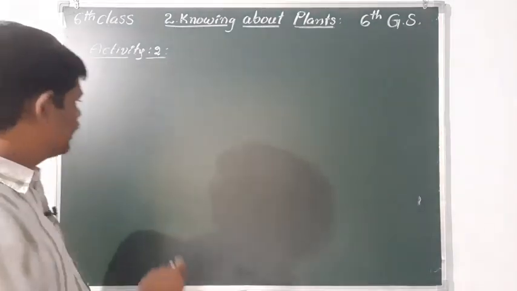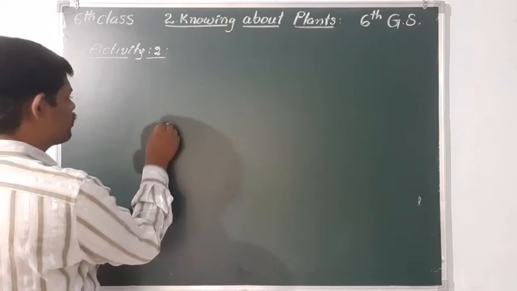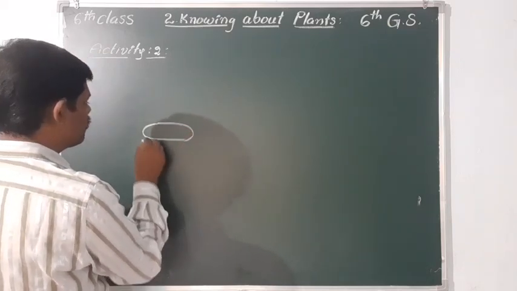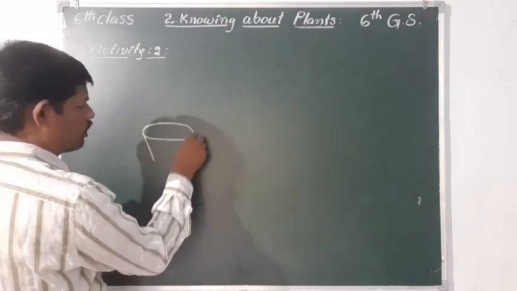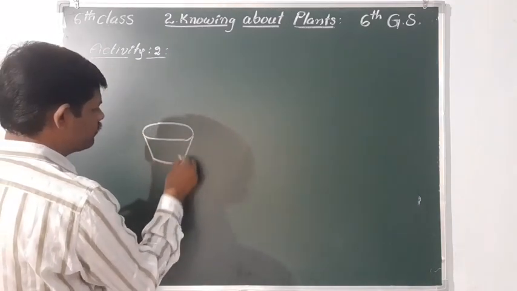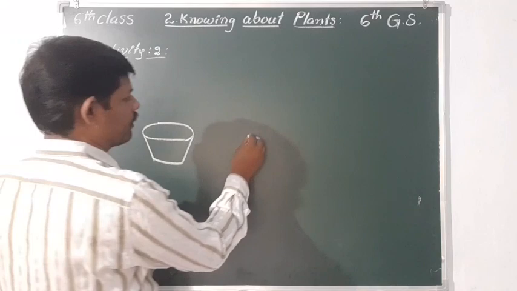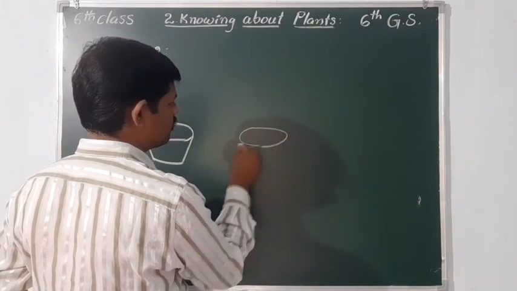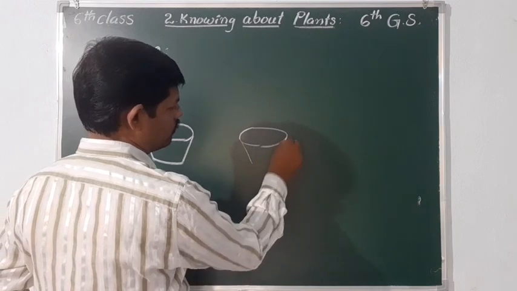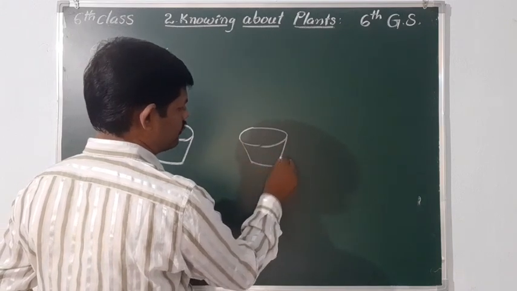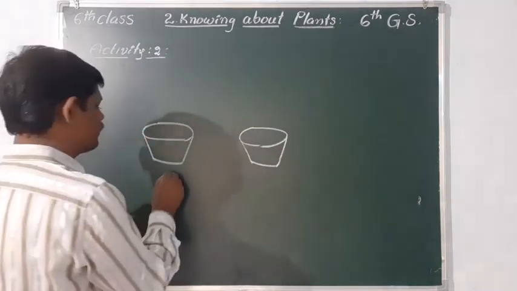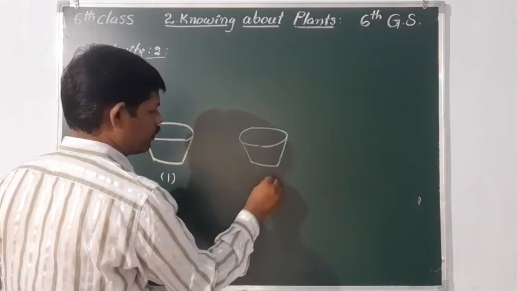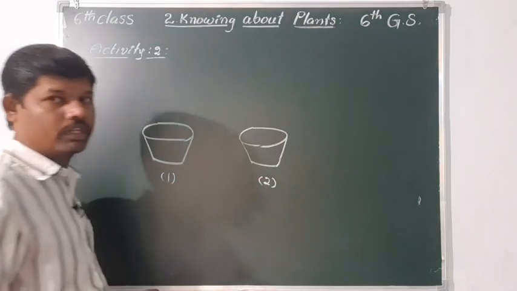Activity 2. Take 2 paper cups. This is one paper cup and another paper cup. This is cup 1, this is cup 2.